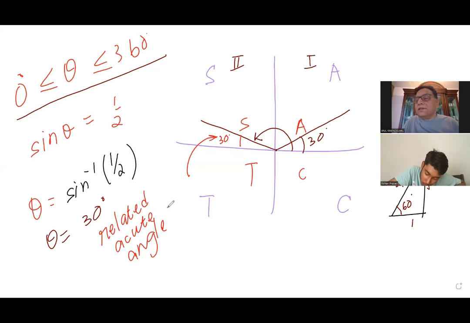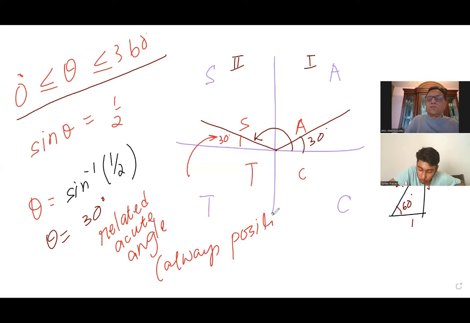The related acute angle is the angle between the terminal arm and the horizontal axis. It is always positive. Let me use alpha; some books use beta, so let me write beta.